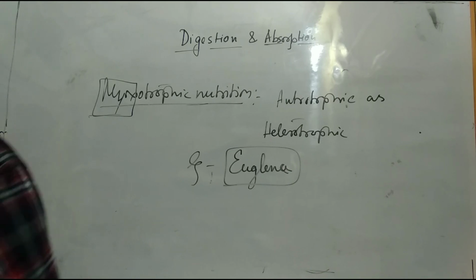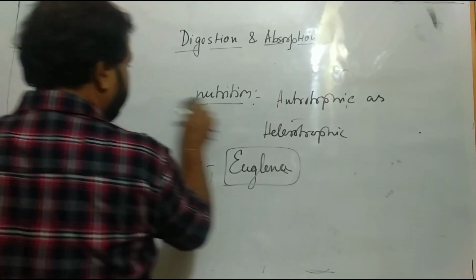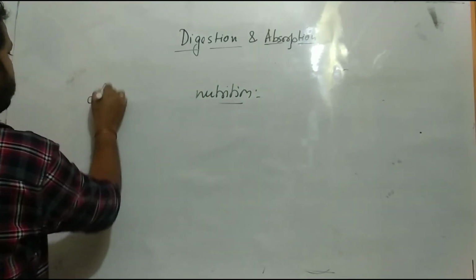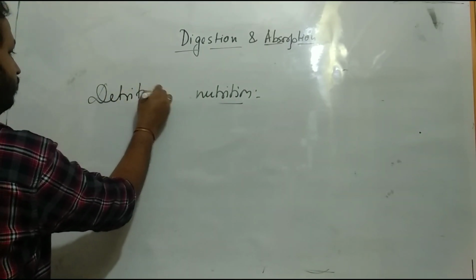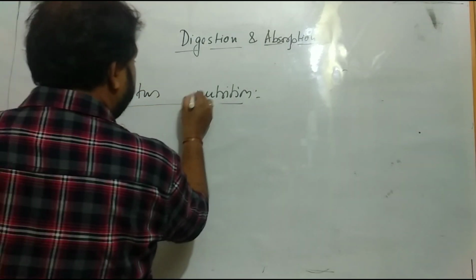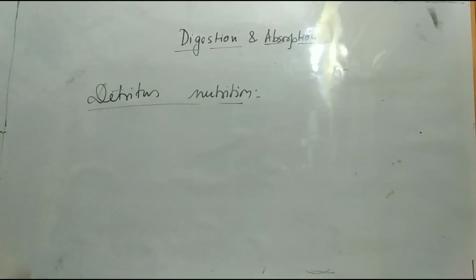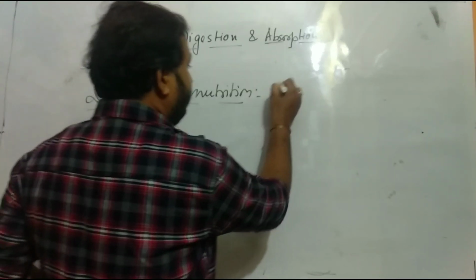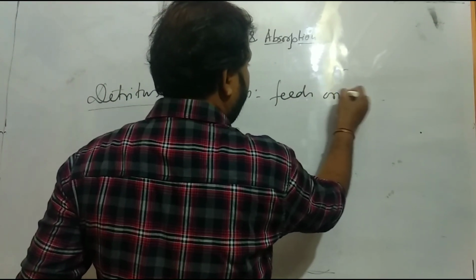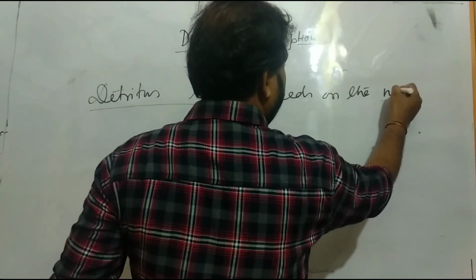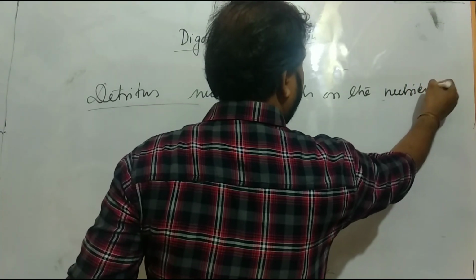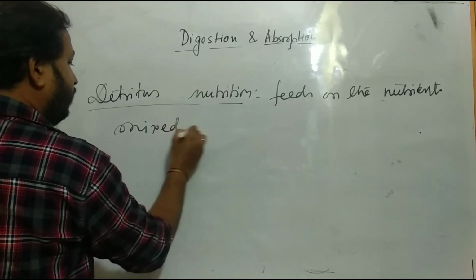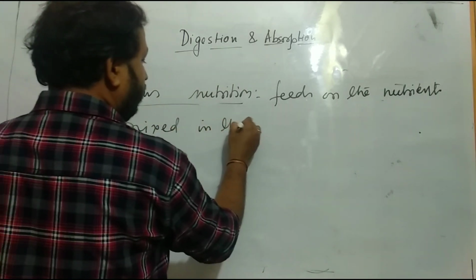Okay, one more type is detritus nutrition. This group of organisms feeds on the nutrients mixed in the soil.